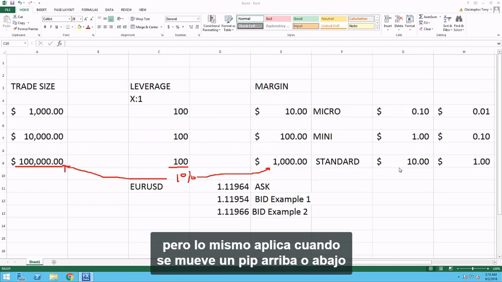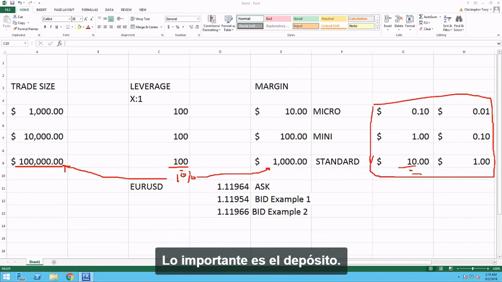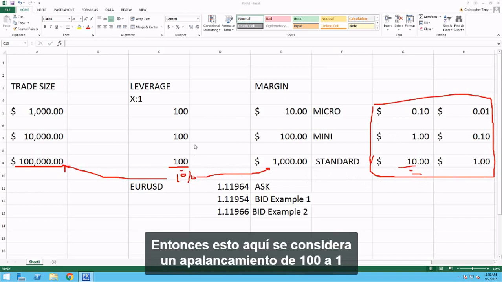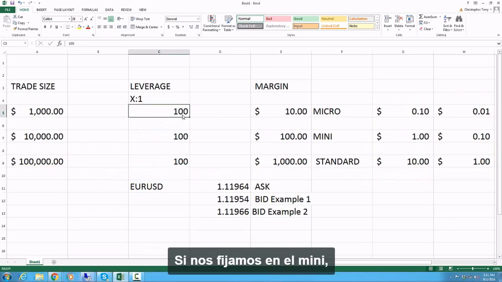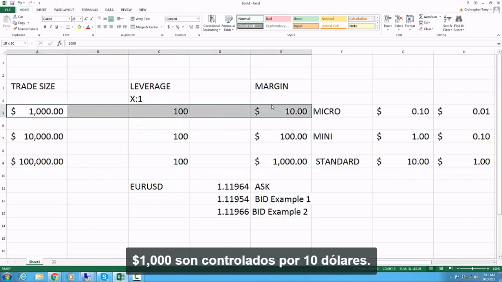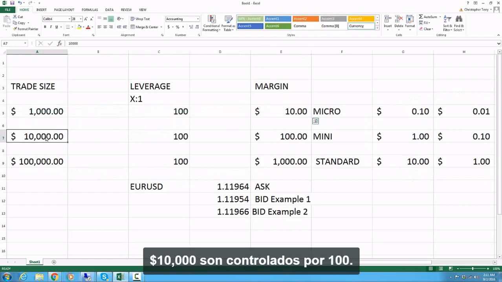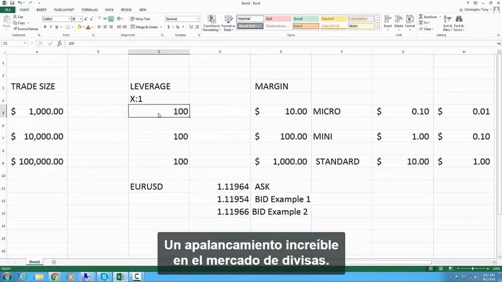But same thing applies when it moves up or down 1 pip. So the pips stay the same, and pipettes, it's the deposit that's important. So here, this is considered a 100 to 1 leverage, or 1 to 100 leverage. If we look at the mini, $1,000 is controlled by $10. $10,000 is controlled by $100. Amazing leverage in the Forex market.